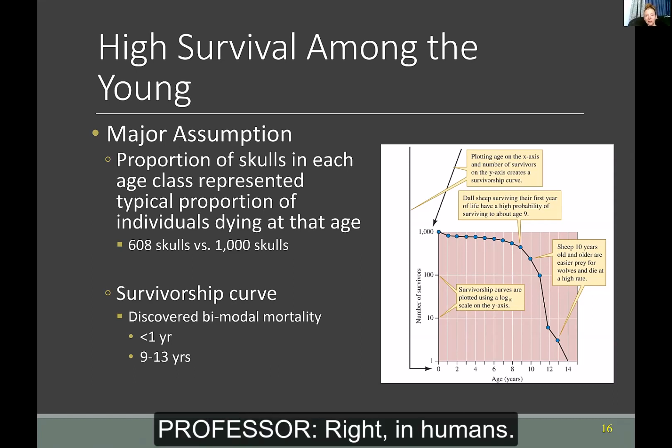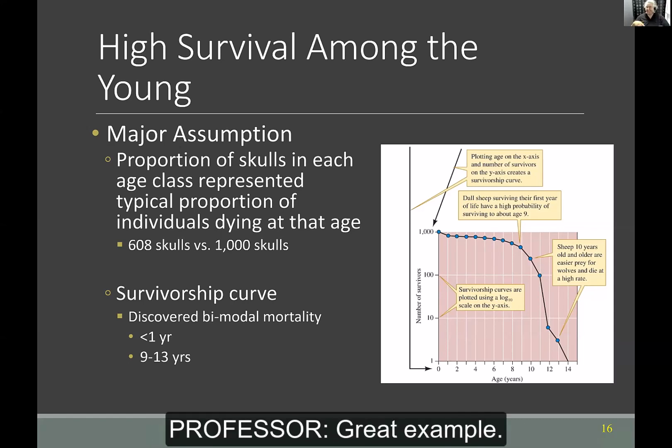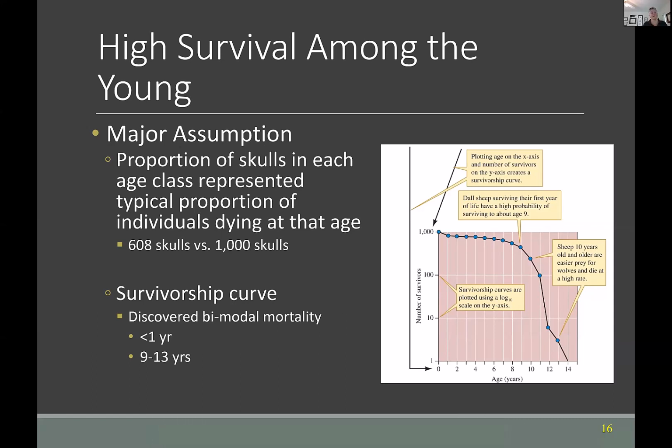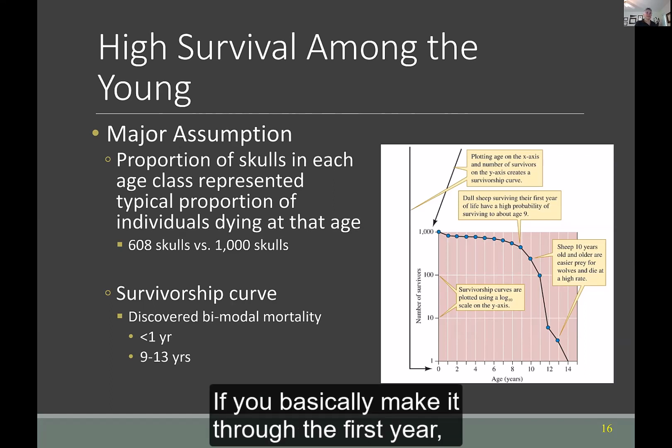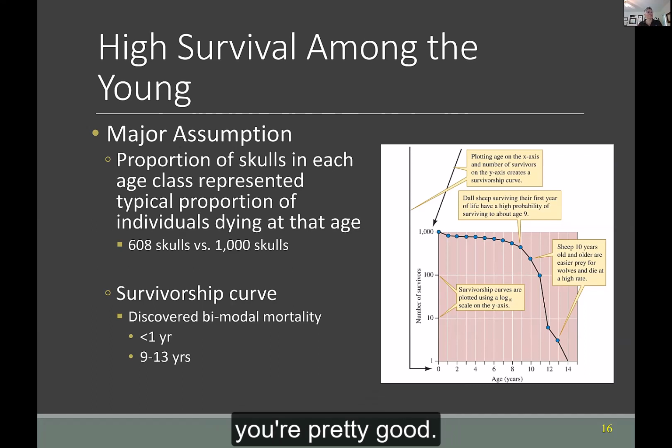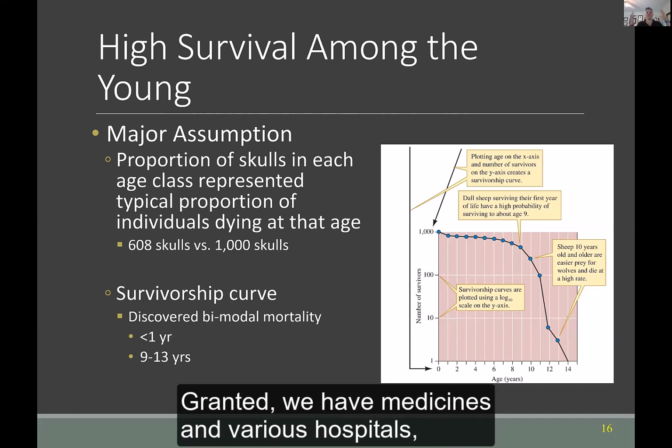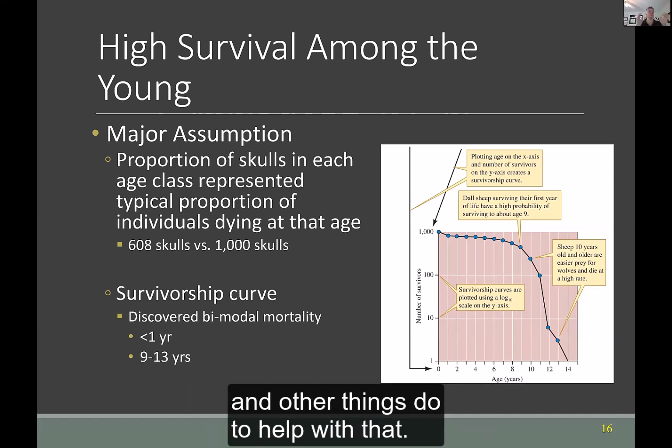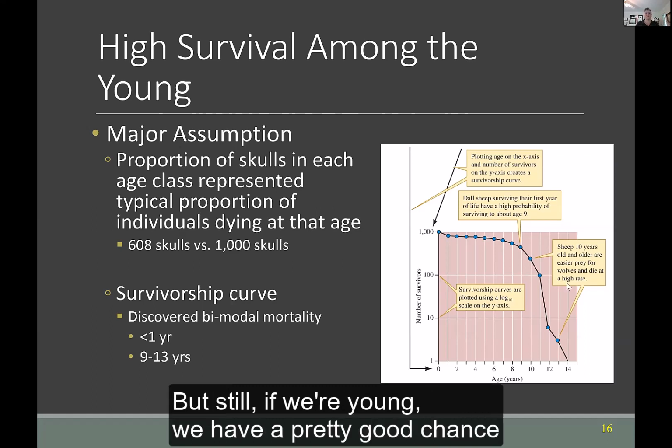In us? Right, in humans. Great example, right? We have very few, if you basically make it through the first year, right? You're pretty good. Granted, we have medicines and various hospitals and other things to help with that. But still, if we're young, we have a pretty good chance of survival.